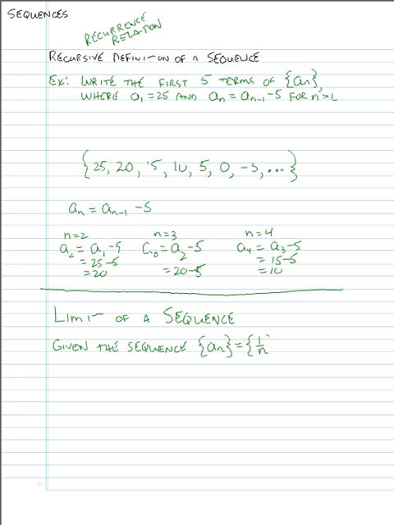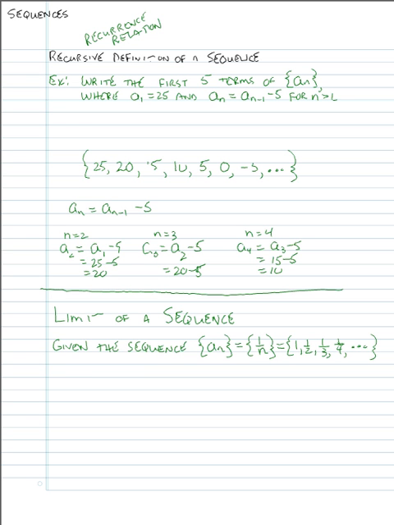It's 1 over n. Okay, so if we were listing these, the first term would be 1 over 1. The second term would be 1 over 2. The third term would be 1 over 3. The fourth term is 1 over 4, and so on, and it's going to continue in that fashion.